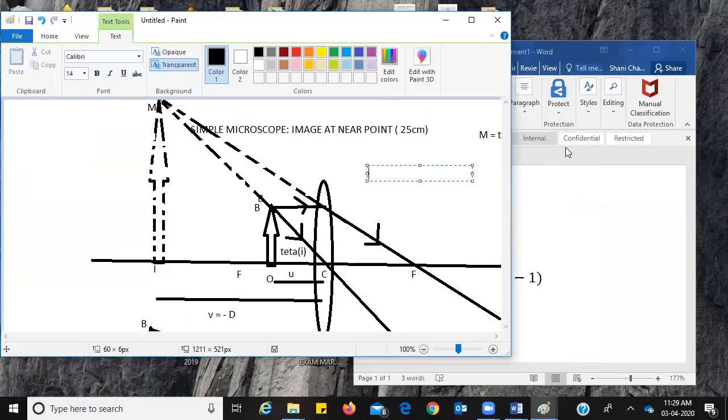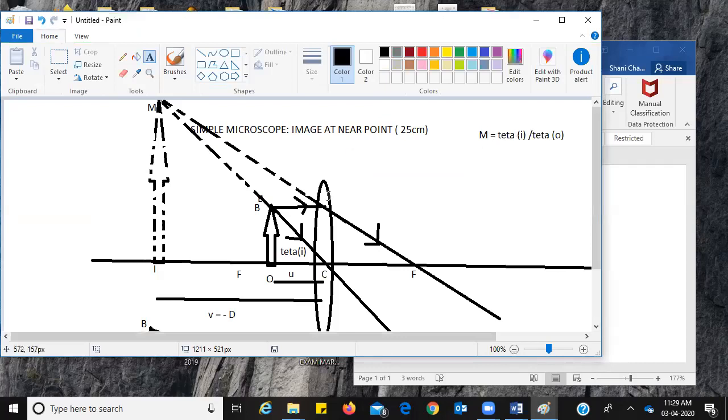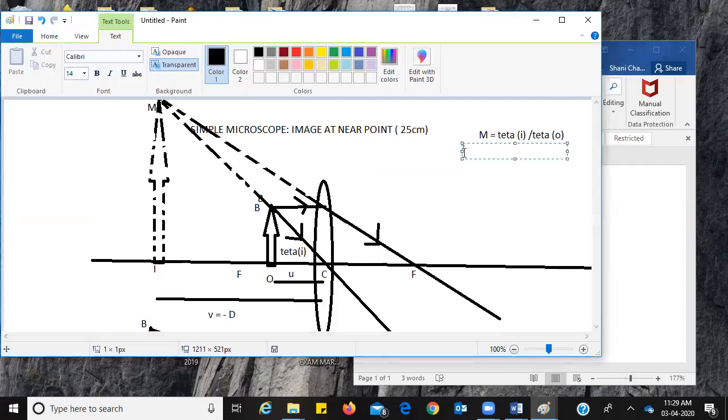So how to find theta I and theta O? I'm changing this, theta I as tan theta for small aperture.